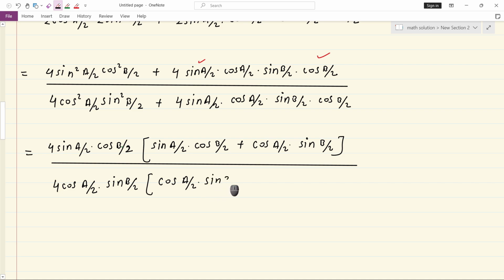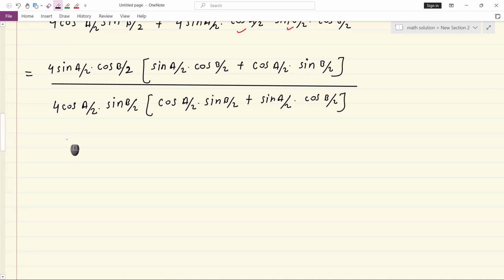It is nothing complex here, just taking the common. Plus, now here cos A/2 is taken as common and sin B/2 is taken as common, and the remaining will be sin A/2 and cos B/2. So sin A/2 · cos B/2 is our remaining term.